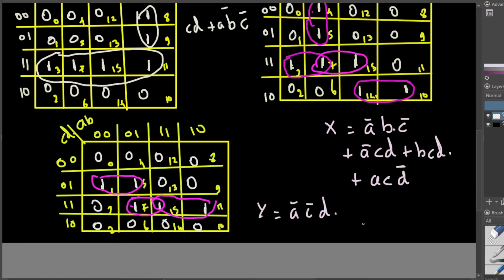Now let's look at this one. A is changing, eliminated. B is not changing, it's going to be there. And then CD happening in the same row, so it's going to be the same. CD are 1, so we keep it as it is. Let's look at the next one. A is not changing, so it's going to be there. B is changing, eliminated. CD happening in the same row, so both of them are going to be there.